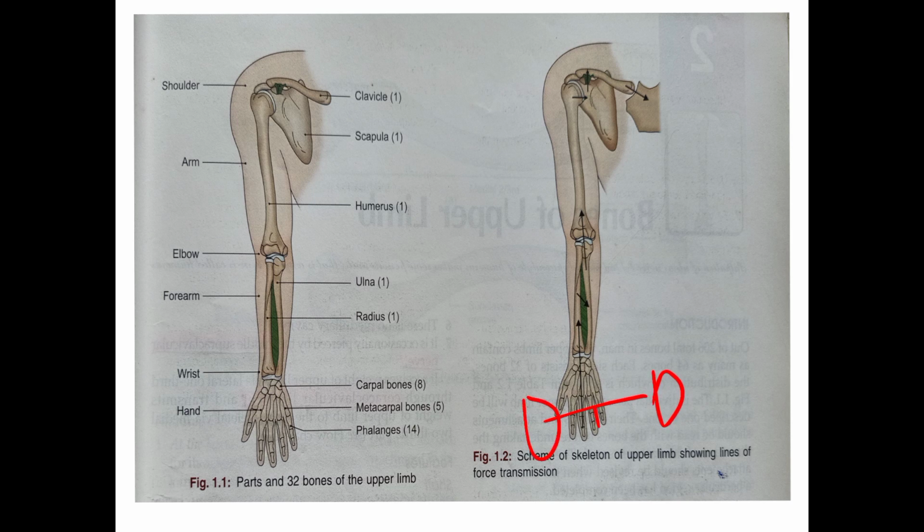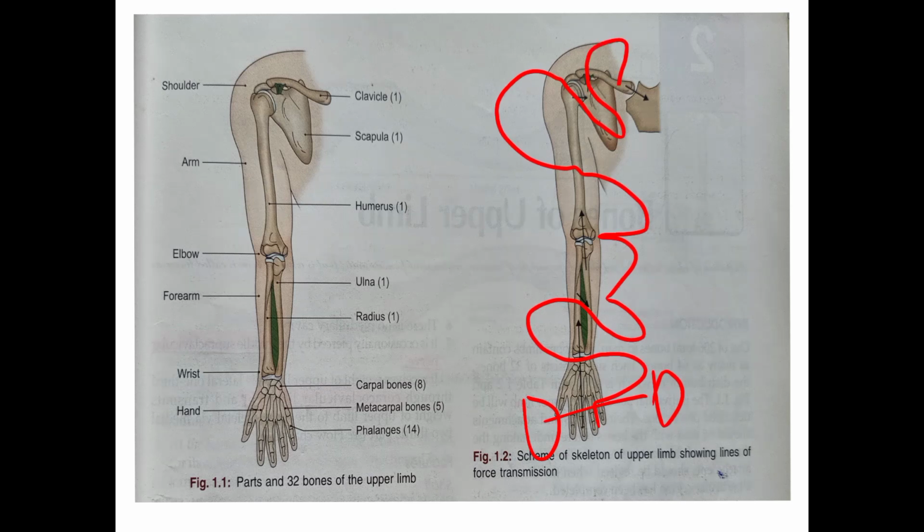It first goes to hand, then to wrist joint, from there to radius, interosseous membrane to ulnar bone, ulnar goes to elbow joint, from there to humerus, from humerus to shoulder joint, from shoulder to scapula, scapula goes to coracoclavicular ligament, from there to clavicle, from clavicle to sternoclavicular joint, and then sternum, and finally to axial skeleton. So this is the line of force transmission.